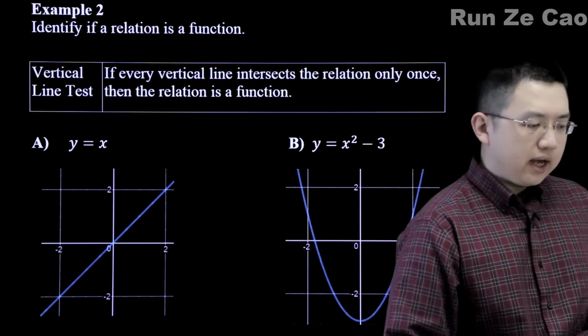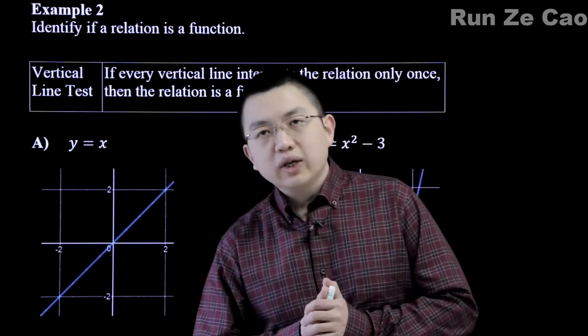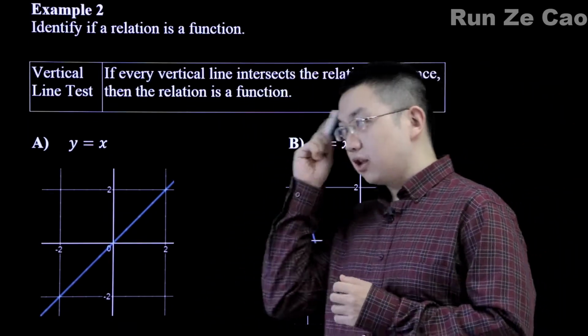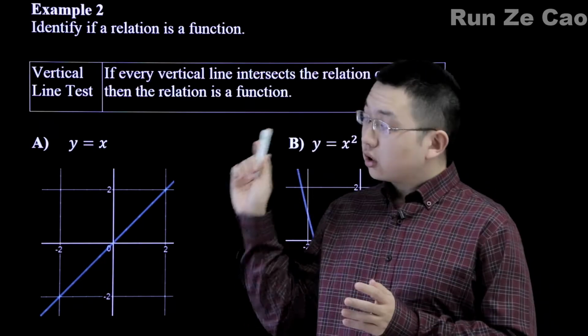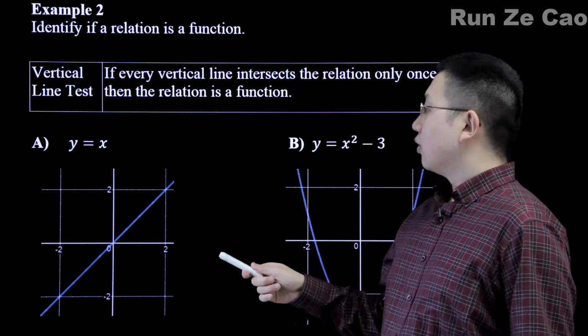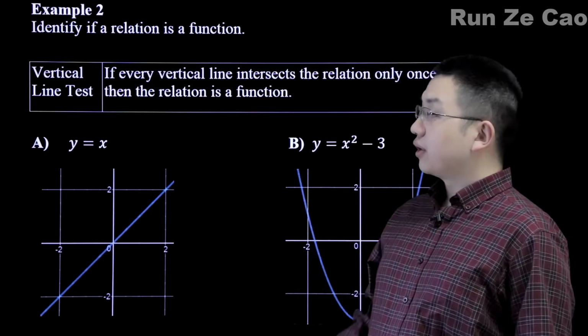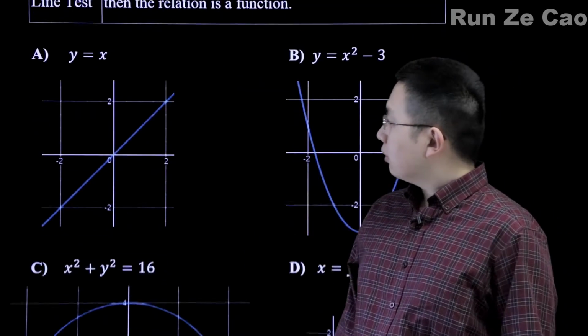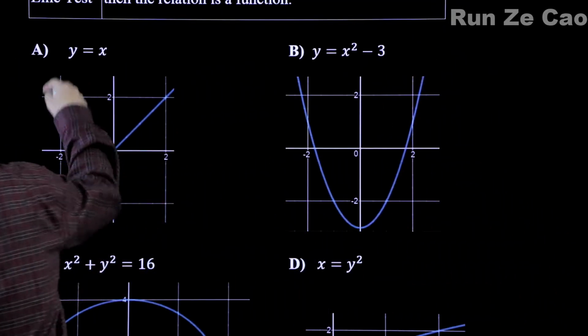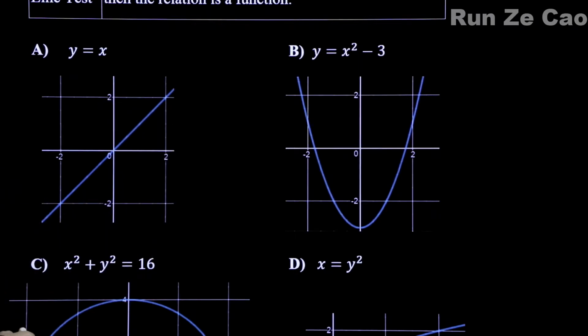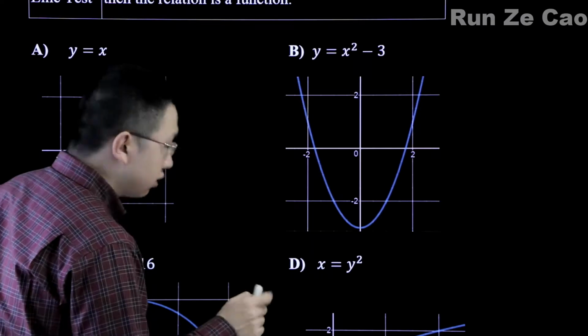Now, when we identify if a relation is a function, we can identify this by mental math, or alternatively, we can look at the graph and run a vertical line test. So suppose we draw a vertical line, say here, or along one of these pre-existing grid lines. We would find that this passes the vertical line test in the sense that the vertical line crosses a relation only once.